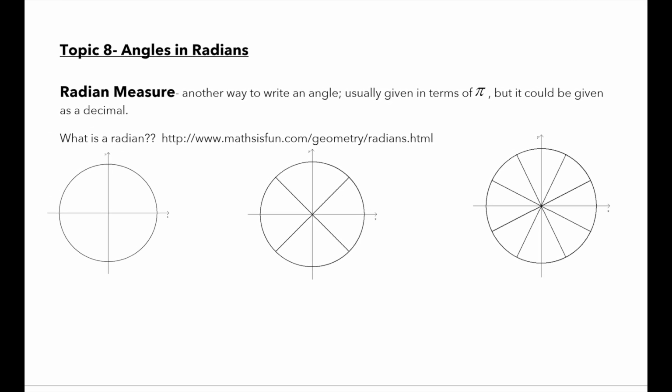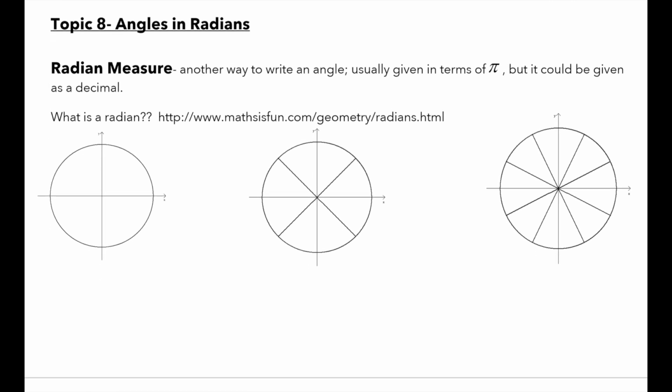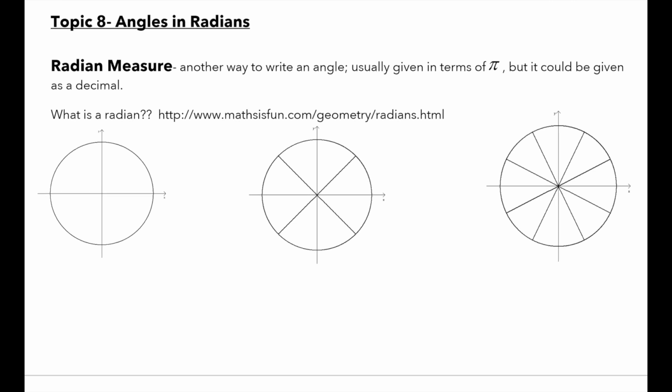If I can get this to line up. There we go. As I said, we're not interested in having 1 radian. Instead, we're interested in having it in terms of pi. So here we have 0 radians or 0 degrees, and all the way over here we have 3.14 radians or pi radians.